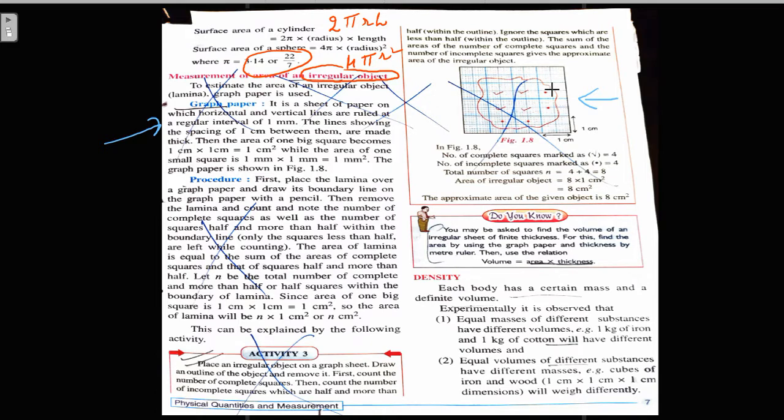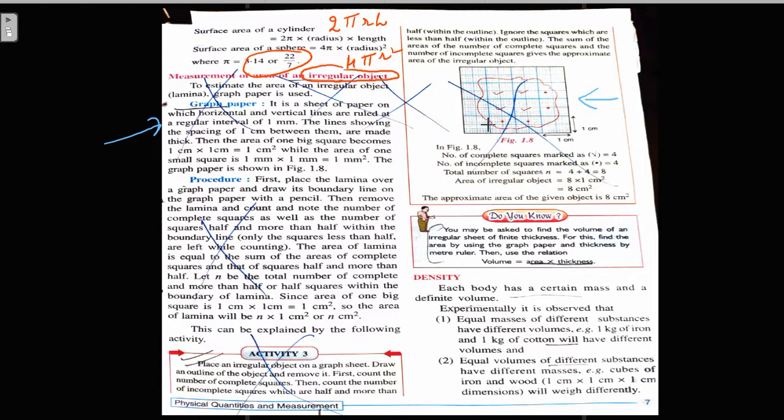So place the object on the graph paper and draw its boundary. Then count the number of complete and incomplete squares. First we count the number of complete squares, and then we count the number of incomplete squares.